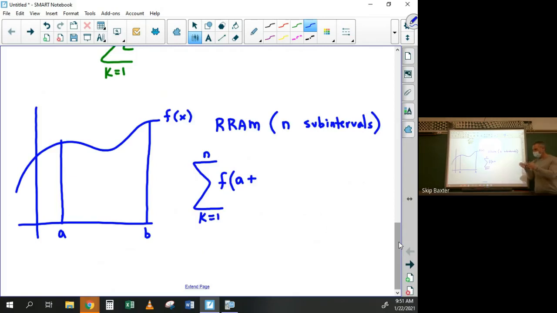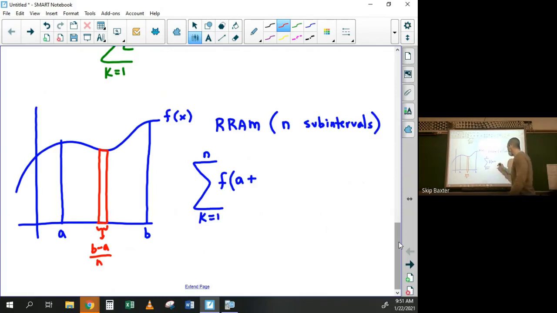How do you get the width of the rectangles in this case? b minus a over n. Yeah, exactly, right? So if I have a random rectangle here, then this width right here has to be b minus a, which is the total width, divided by the number of rectangles, right?